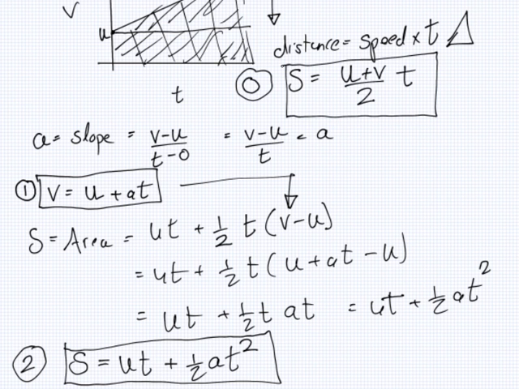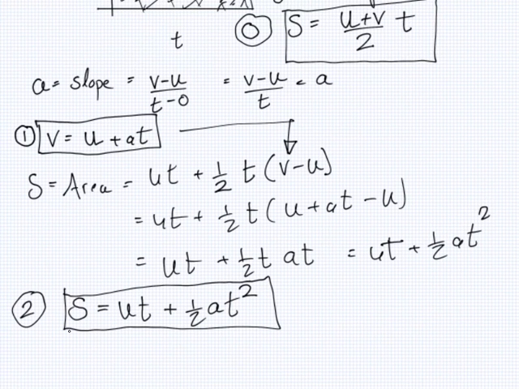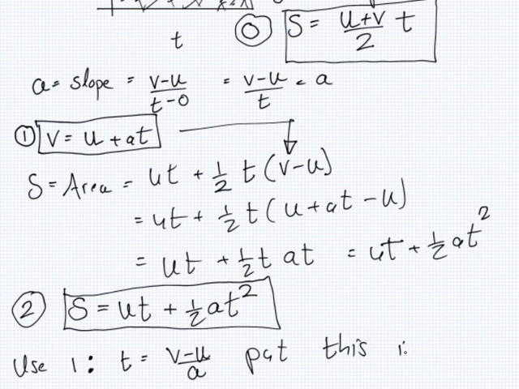Okay, so one formula left. What I'm going to do is to use one. I can say T equals V minus U over A, and then put this into zero.